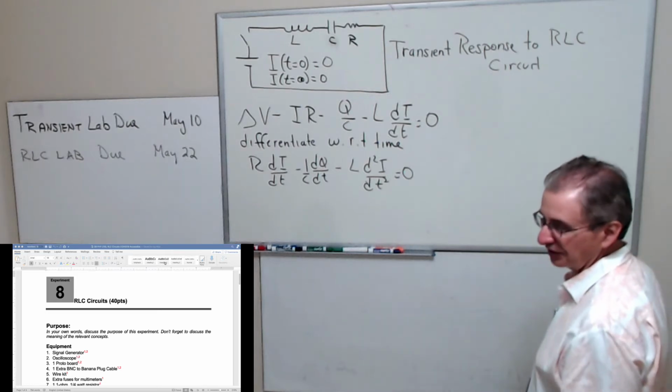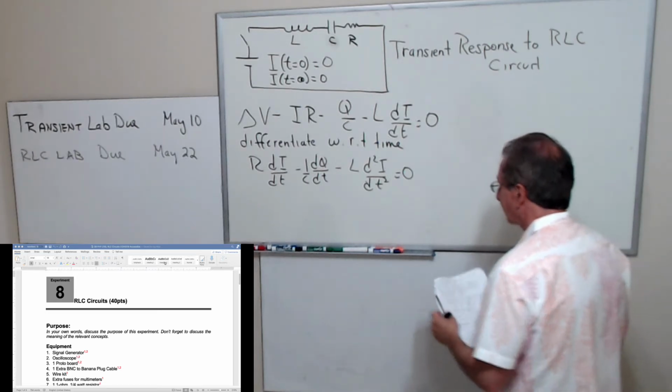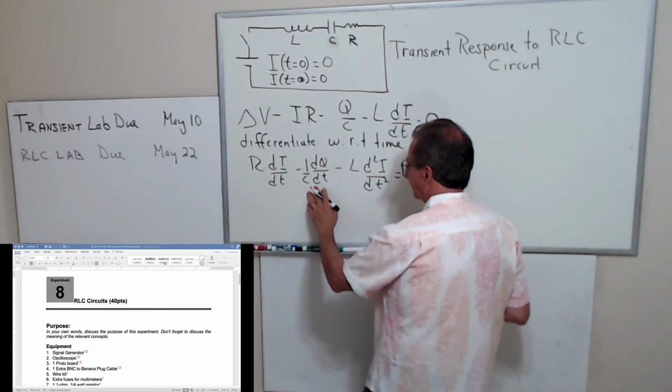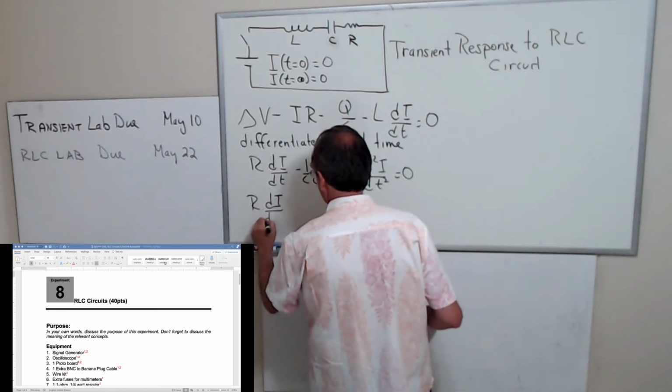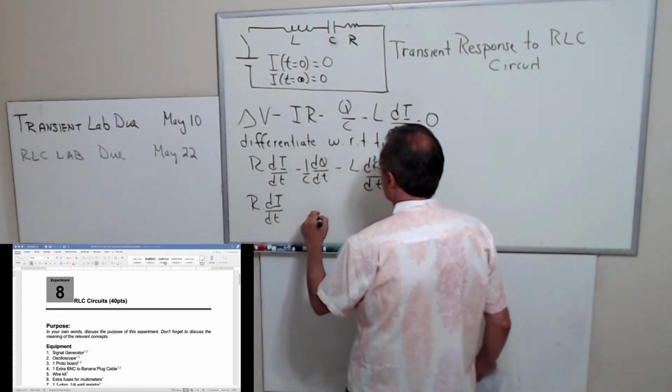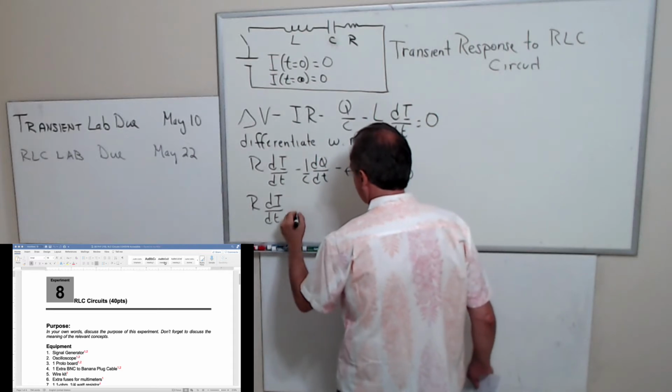And what's dq dt? I. What was that to the left of dq dt? 1 over C. Okay.